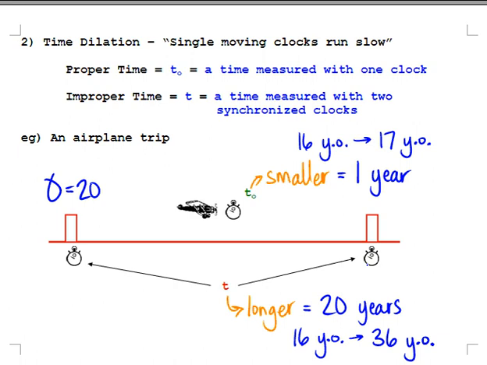So it's not like you're living longer if you're up on the airplane. The only advantage, if you call this an advantage, in air quotes, is that if you're in that airplane, 1 year goes by, you come back to Earth and 20 years has elapsed on Earth. The only cool thing is that it would only take 1 year to see what 20 years worth of technological innovation looks like.